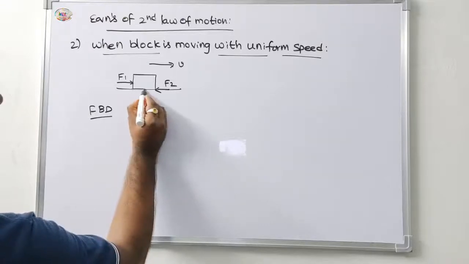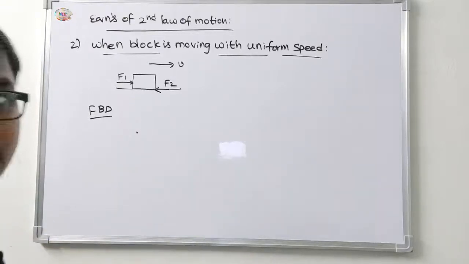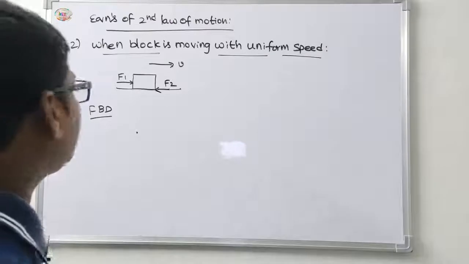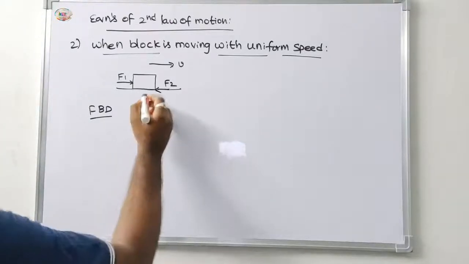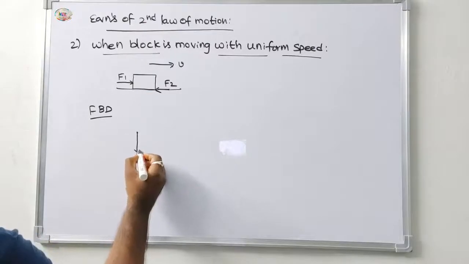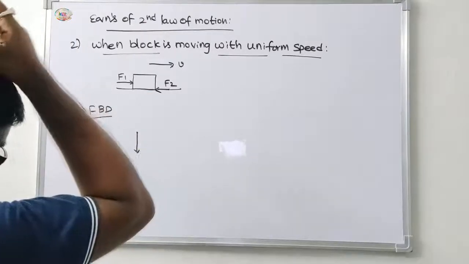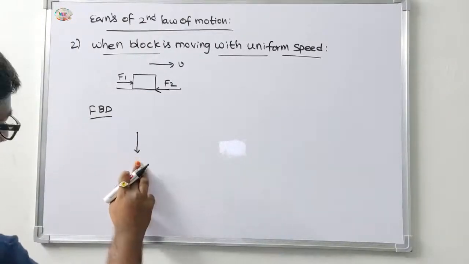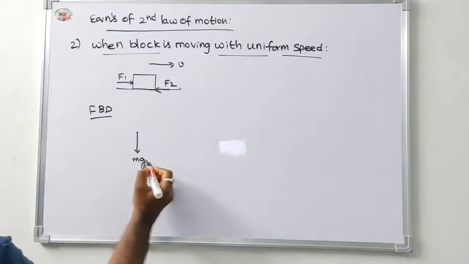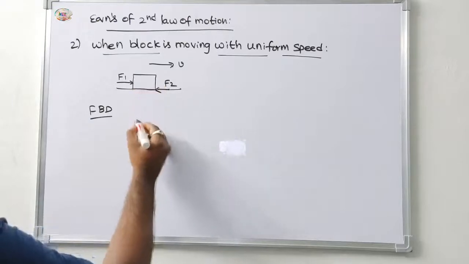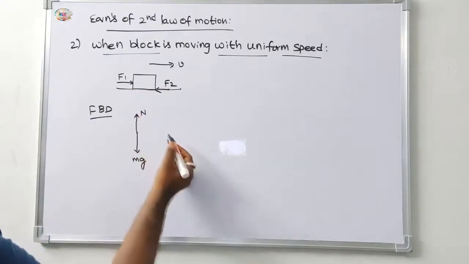These two are in contact, block and surface. Mg, first to identify the weight, that is the gravitational force acting always vertically downward. The normal force, N, acts in the upward direction.